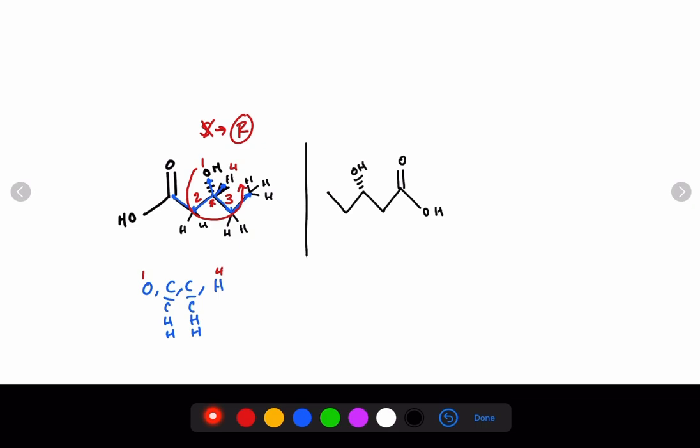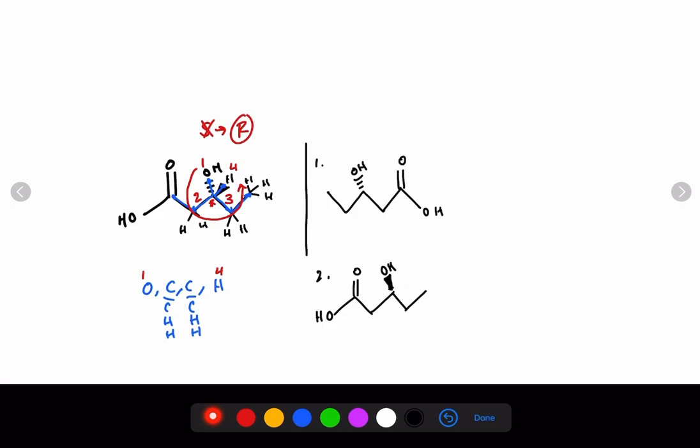Or you can draw the exact same molecule, just change the wedge to a dash, and if it was a dash, change it to a wedge. So I'll show you what that looks like. So these 2 molecules should be enantiomers to that first molecule.